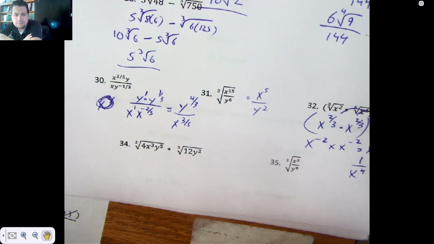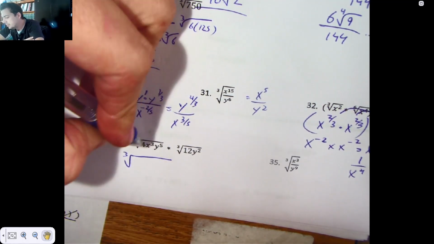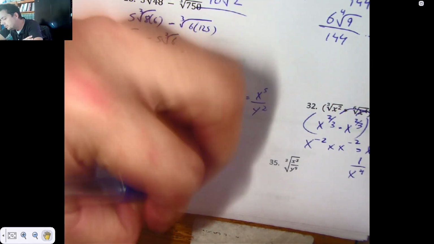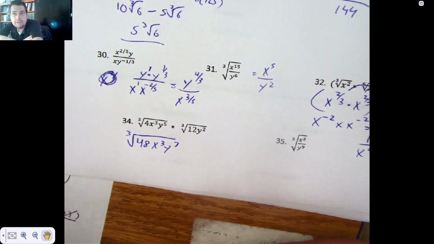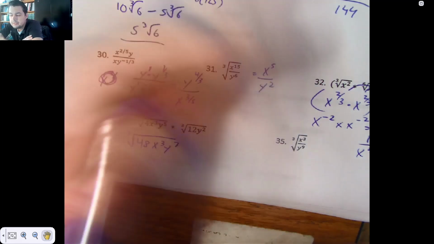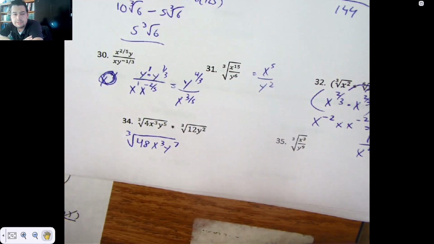34. You are multiplying radicals that are alike. I would go ahead and do the multiplication first, and then I would simplify because I don't know what the cubic root of 4 is, nor do I know what the cubic root of 12 is, but things happen when you put things together. We end up with a rather large radical that contains 4 times 12, which is 48, an x cubed, and a y to the 7th power. 48 does not have a cubic root. However, it's been done previously on this sheet right here. It's 6 times 8.